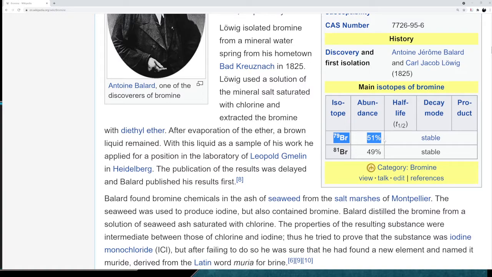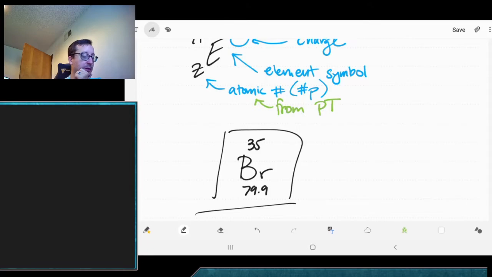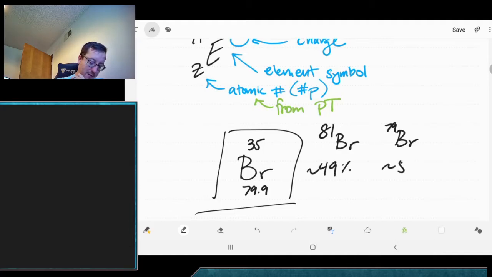So, that's curious. Let's see if we can't work with those numbers. So bromine comes as 2 different types. This one is about 49%. This one's about 51%.